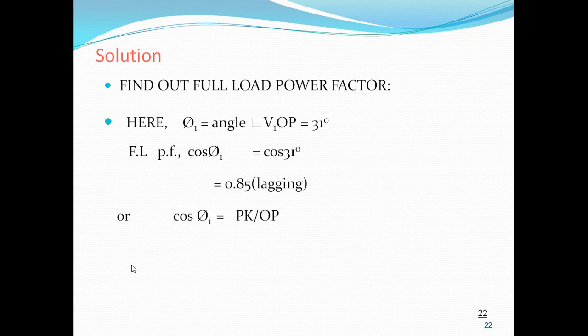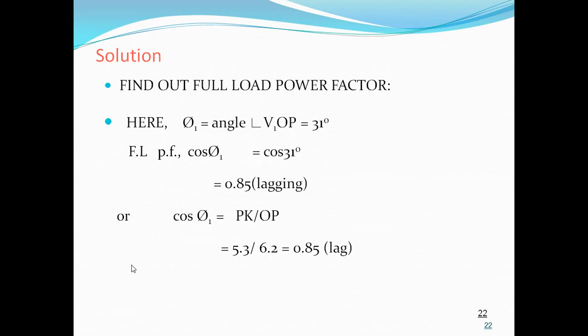Or we can use it like this also: measure PK by OP, which gives the power factor. That is 5.3 by 6.2, that is 0.85 lagging. So we can use either formula.